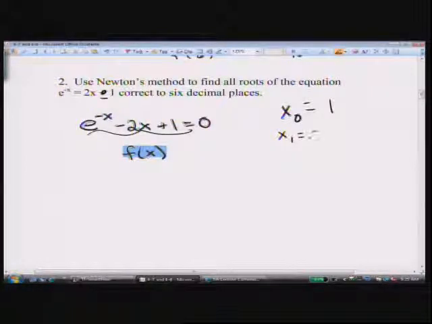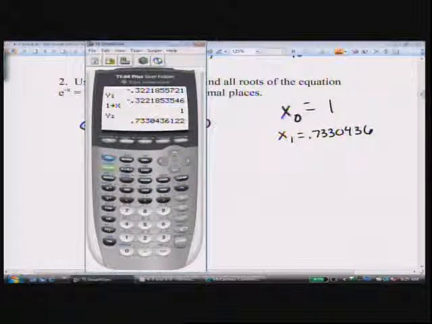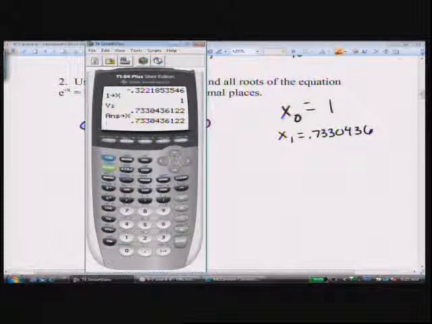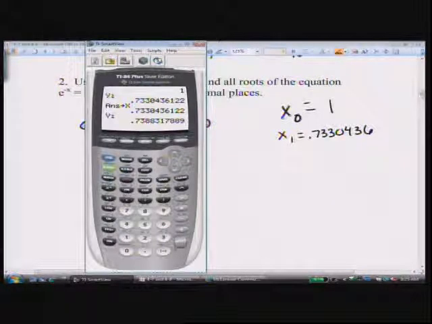Okay, and so you hit this STO button, so it's going to store the answer in x. So I just hit the x. And you have to hit enter to execute that. And then I'm going to call y2 up and hit enter. And I get 0.7388318. Does that make sense?